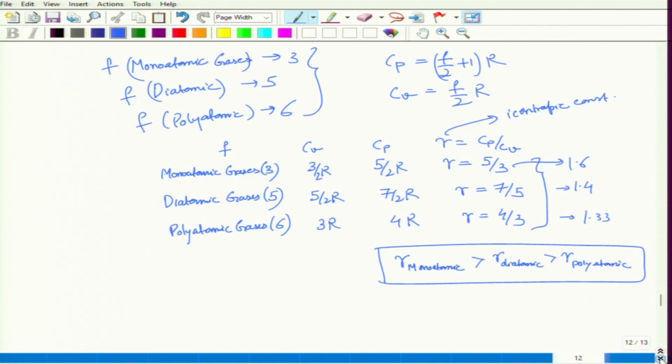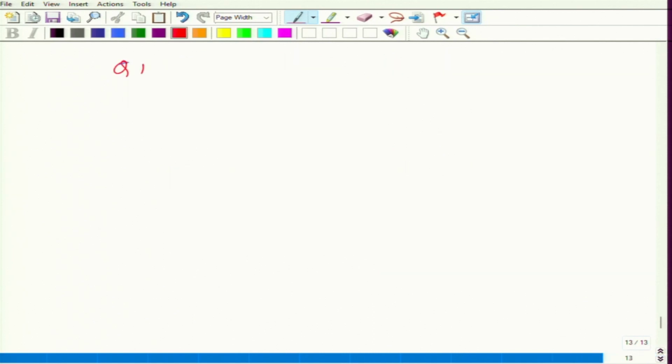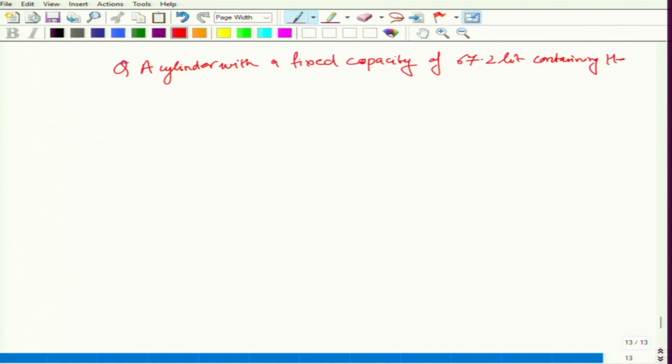Now, let us discuss one numerical quickly. That is a previous year JEE question: a cylinder with a fixed capacity of 67.2 liter containing helium at standard temperature and pressure.